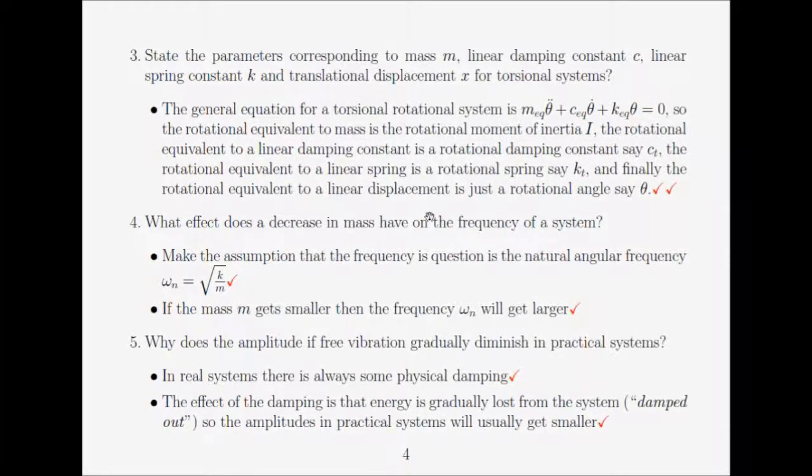That term is a finite amount of energy, and as the system oscillates and time goes by, the amount of energy being put into the damper is converted into another form of energy, typically heat, and that energy leaks out of the system.